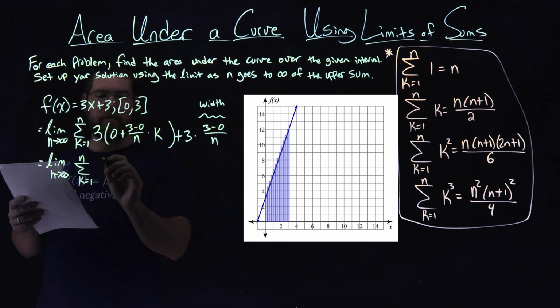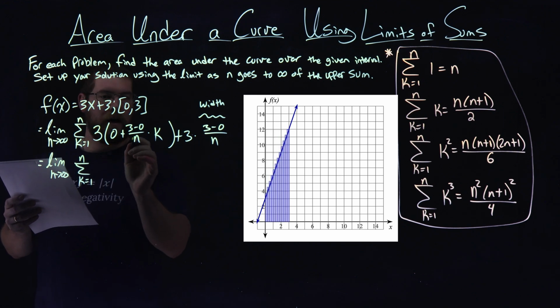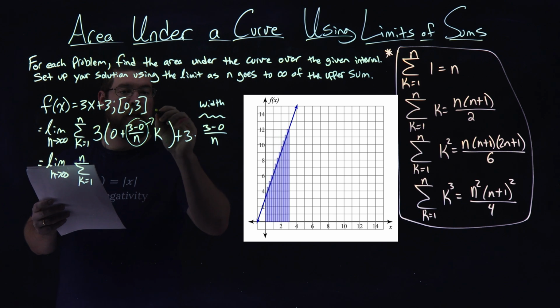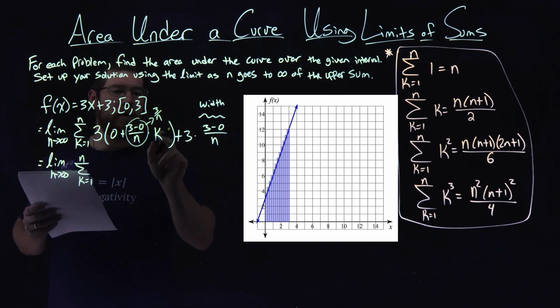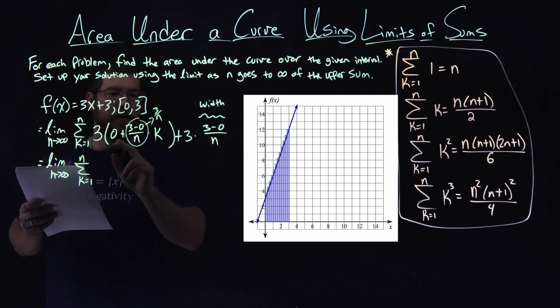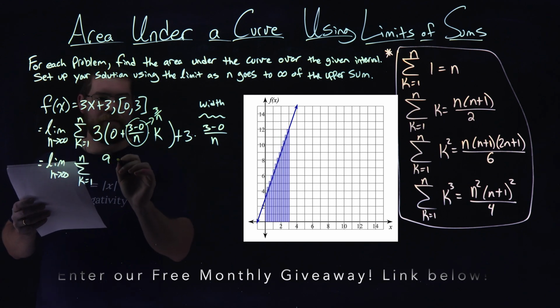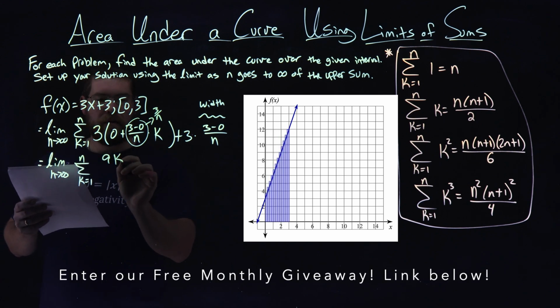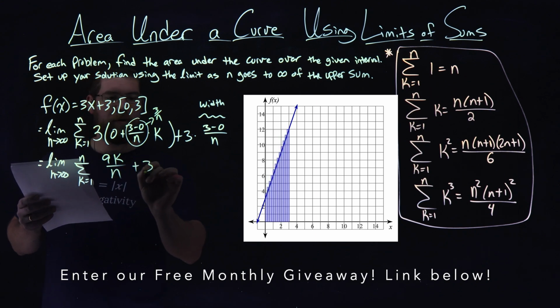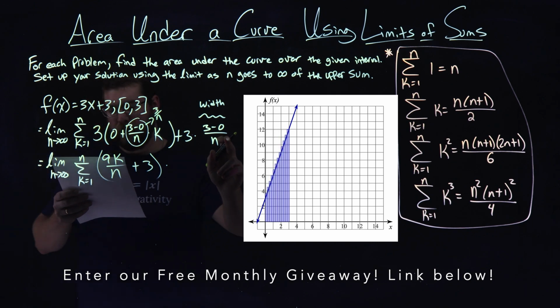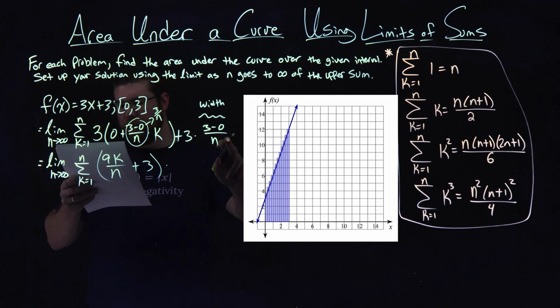So 3 over n times that 3 and the k comes out to be 9k over n, plus 3, and we're multiplying that all by the width on the outside.